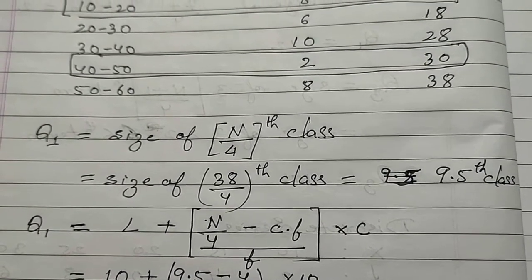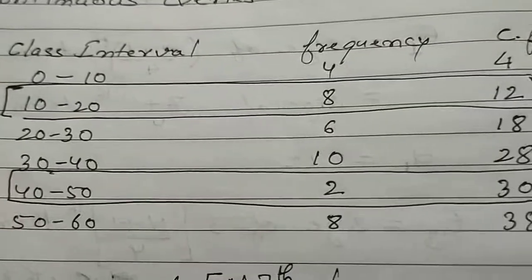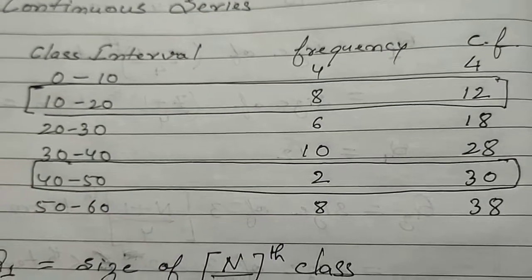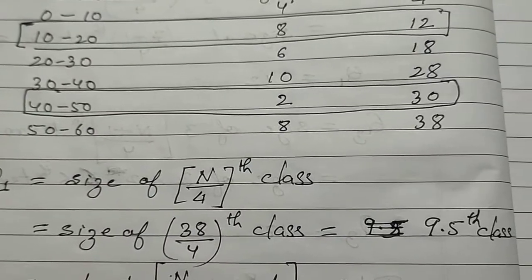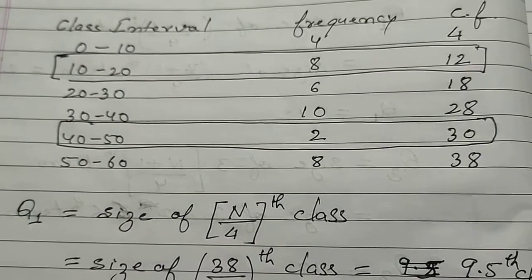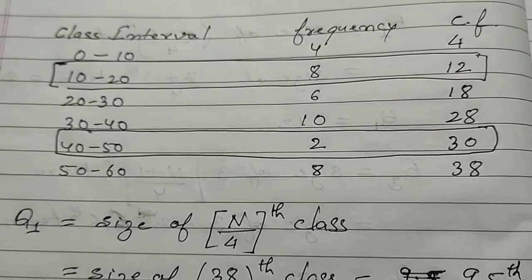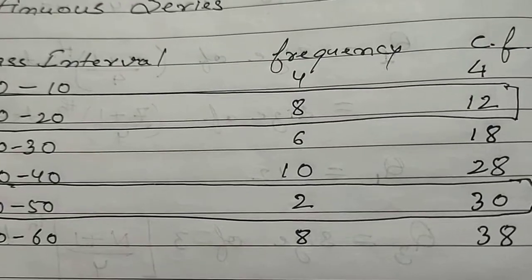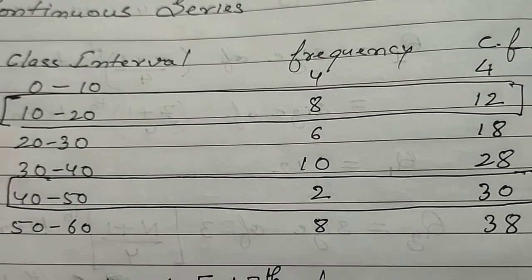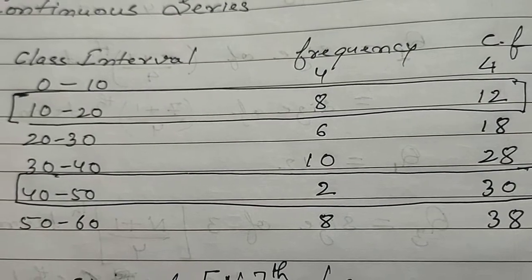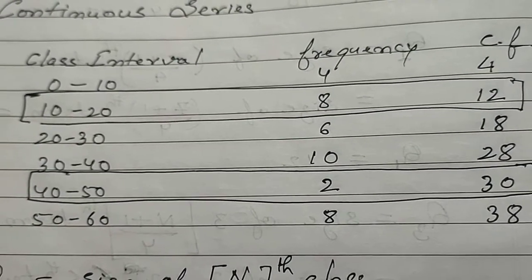This class we have to highlight in this given example. Since 9.5 is not in the cumulative frequency, we take its next highest value, that is 12. That particular class we have to select to find out Q1.